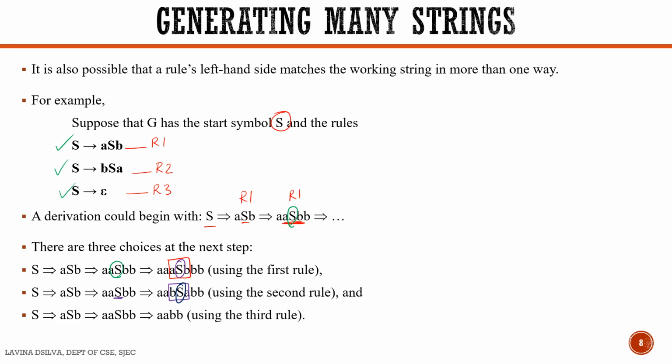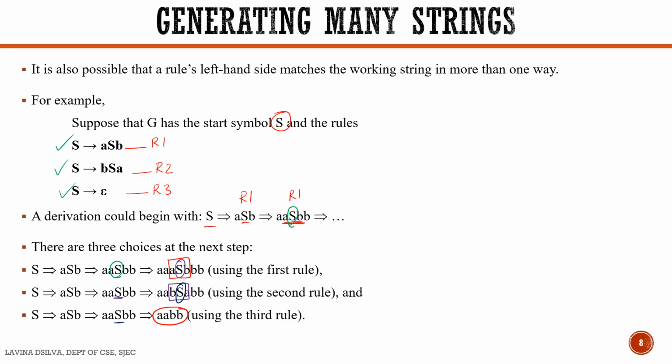If you were to use the third rule, that is, this S was replaced by epsilon, in this case we have arrived at a string. So if we have used rule number 3, then we have to stop. But in case rule number 1 and rule number 2 was used, then we will be going further ahead with the derivation, and this goes on.